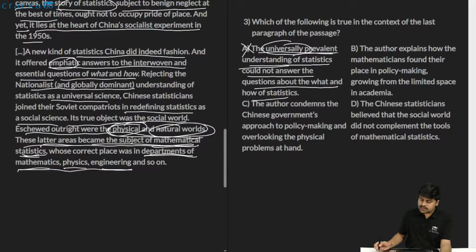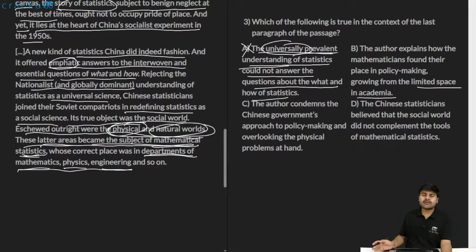The author explains how the mathematicians found their place in policymaking, growing from the limited space in academia. No, it's not really about that. The author has not mentioned anywhere in the passage that mathematicians, after the 1950s, after the famine and everything, after there was some improvement in Chinese communist ideologies, became policymakers.